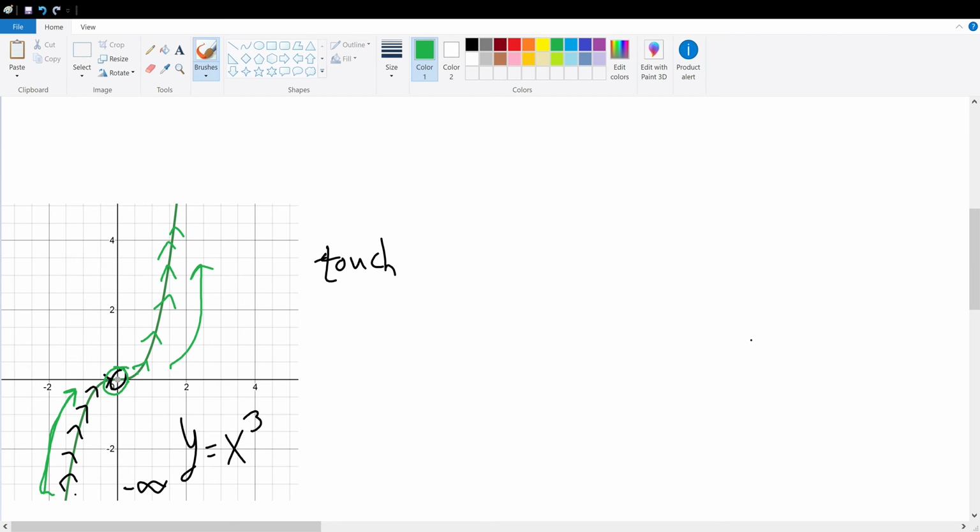So what I mean by that is, if I draw another rough sketch and I come up, and let's say this is the origin, and I'm coming up in this upward direction from negative infinity. If I were to make this a touch point, then f of x, instead of being equal to x to the third power, would have to maintain that same direction.